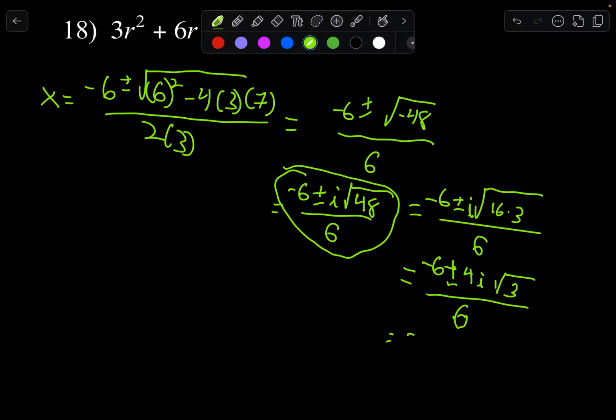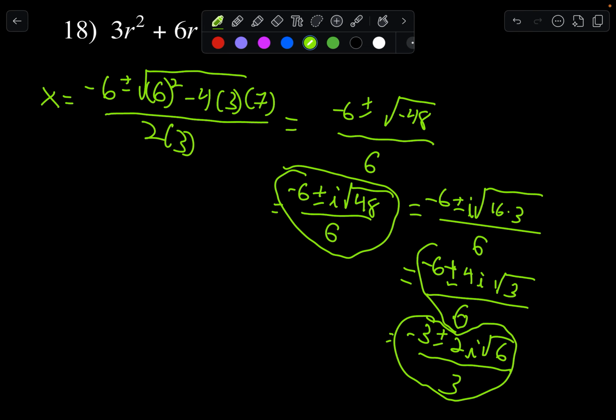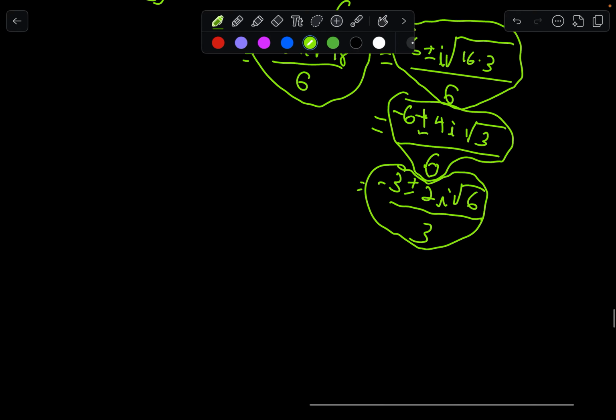Now, do you have to do this? Not necessarily. So that's a completely simplified answer. This is a partially simplified answer. This is a non-simplified answer, all of which are correct at this stage.